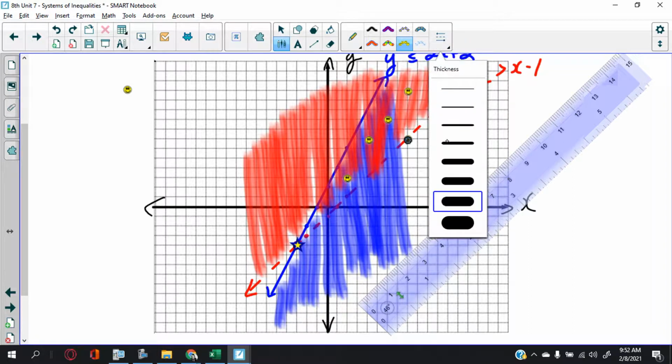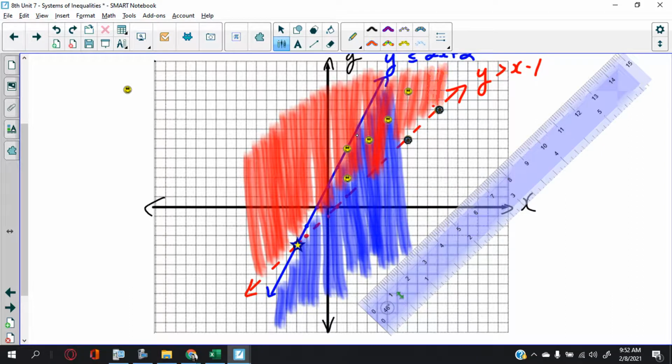Now, to contrast that with this, is this part of the solution, sitting right on the blue line and in the shading? Yeah, it is. It's part of the solution because that's a solid line. How about this? Yeah. How about this? It's the y-intercept.